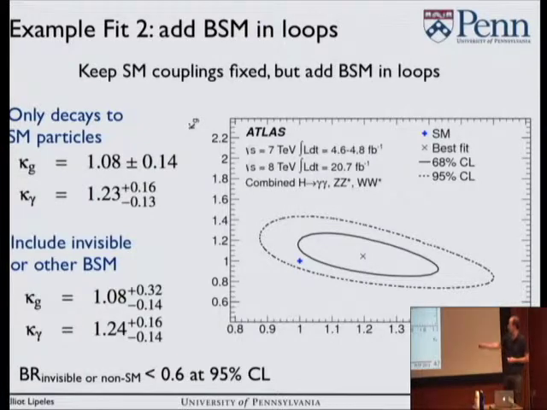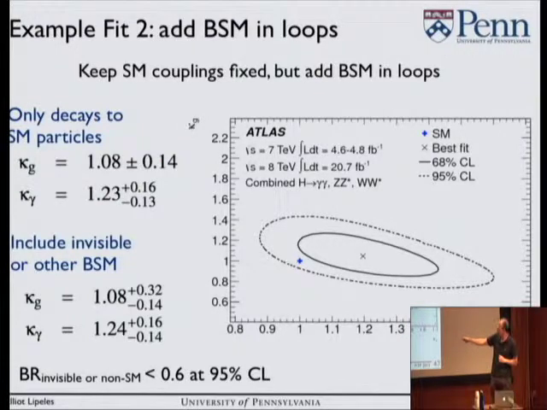Another example of a fit that you can do is you can keep all the SM couplings fixed, but you can add BSM in the loops. So now I assume that I'm at least in the decoupling limit where there's no major modifications to the Higgs to W, Higgs to Z, or Higgs to top couplings, but I might have some new physics running around in a loop, and I can actually constrain how off those loops are.